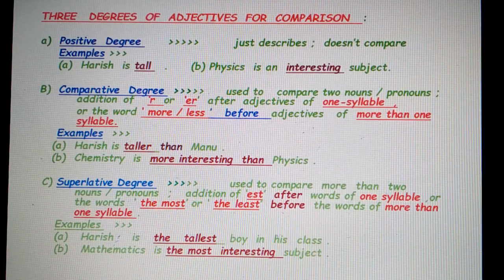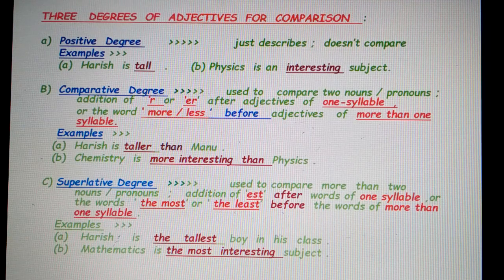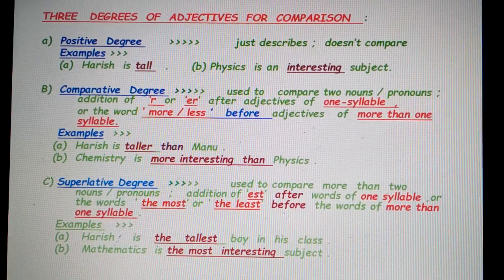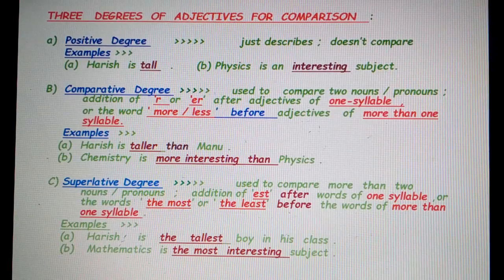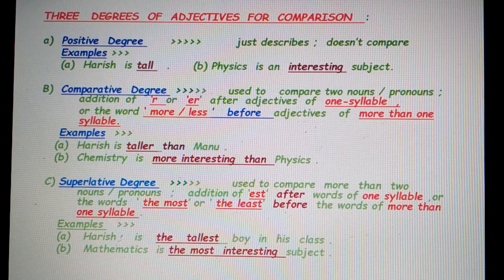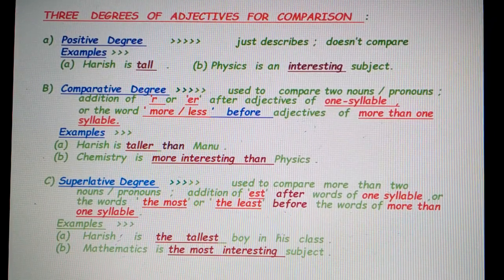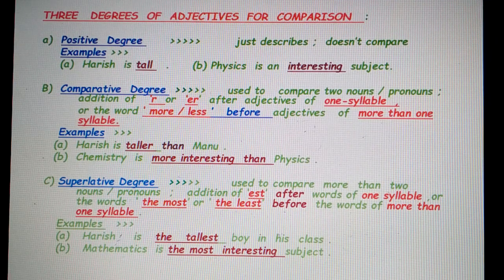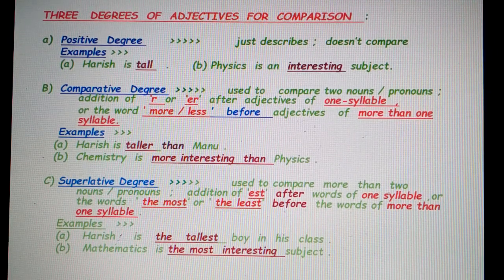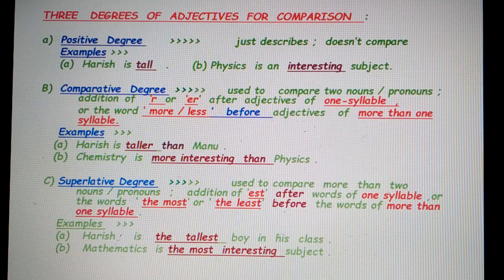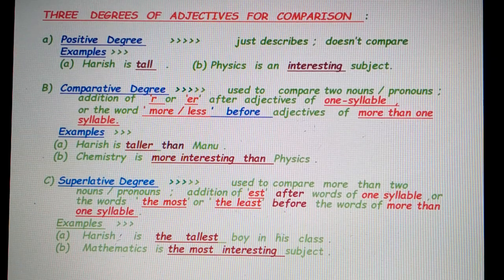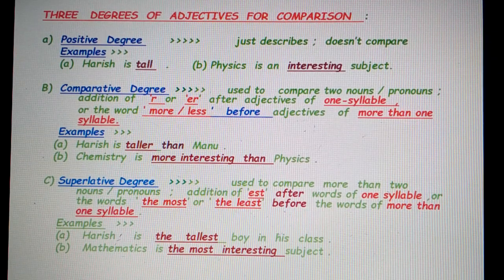The positive degree of adjective just describes something or someone. It doesn't compare, it just presents the quality which a person or a thing or an animal has in itself. We have examples here. Harish is tall.